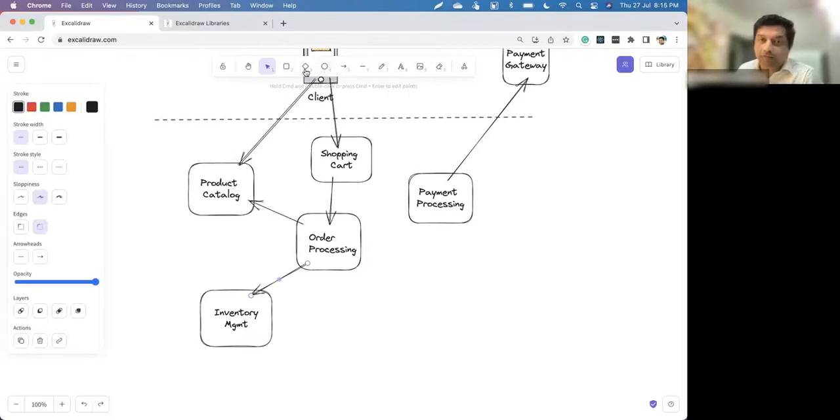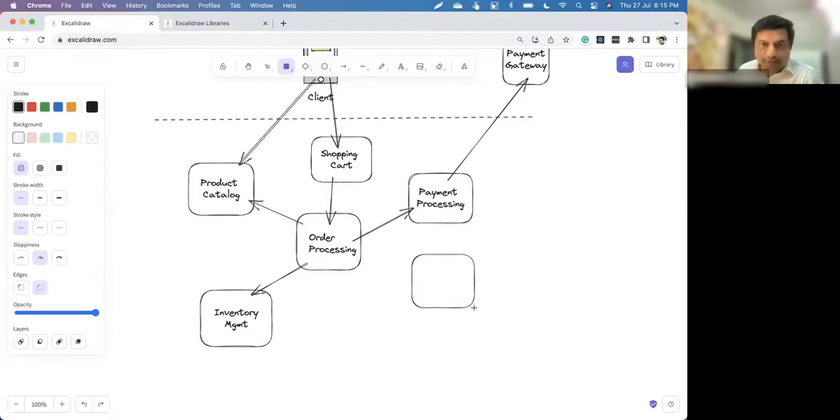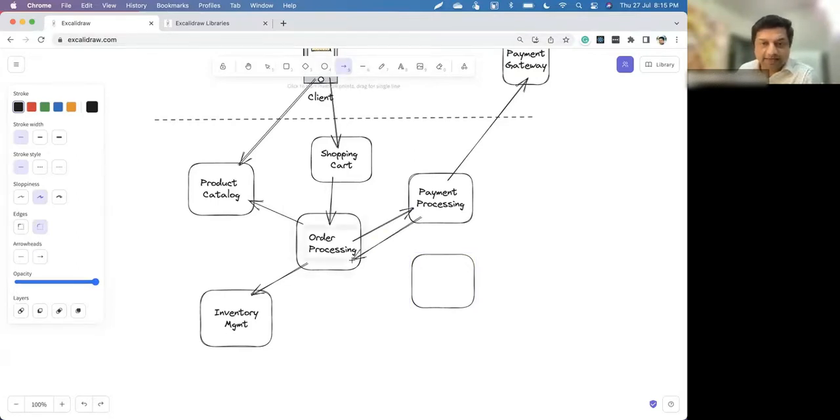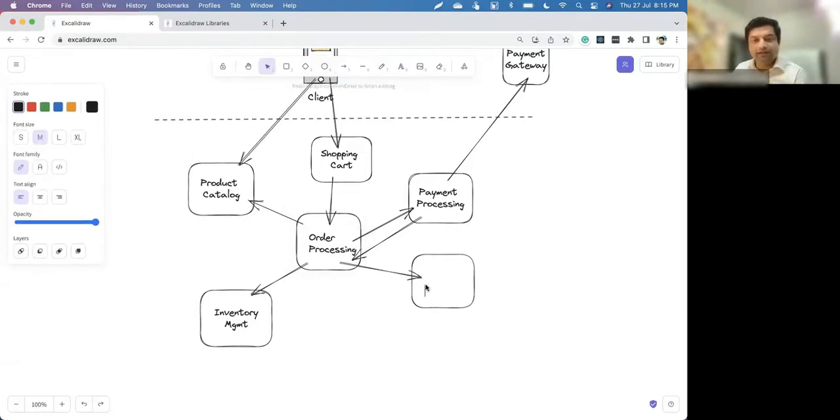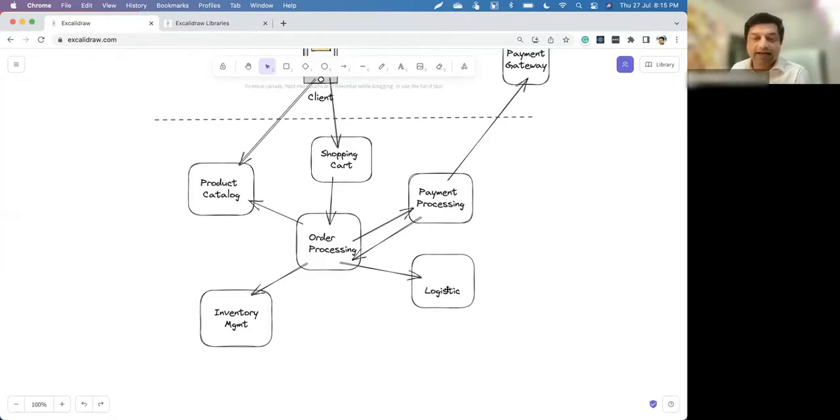And then once the order is completed, you would also need payment processing at the same time. After the payment is successful, you will get some notification, and maybe a logistics module will start delivering the item to the address of the buyer, right? So there are so many communications.